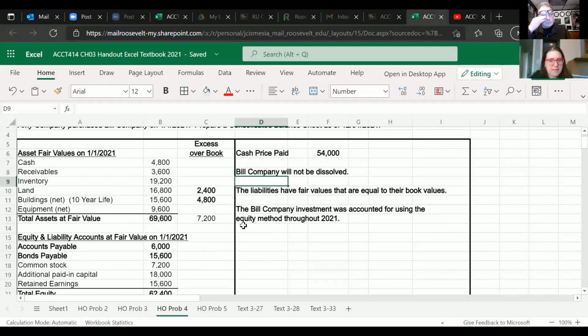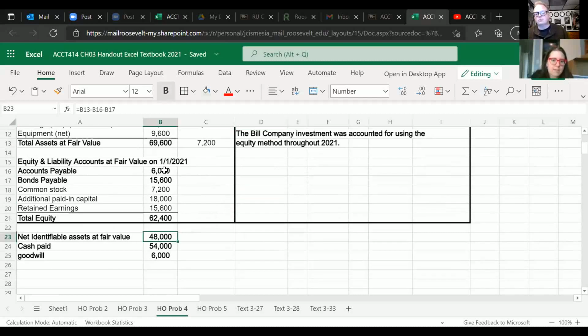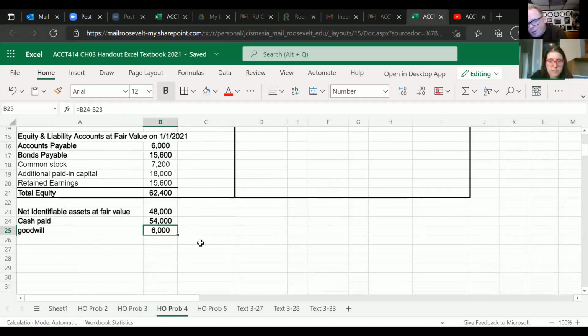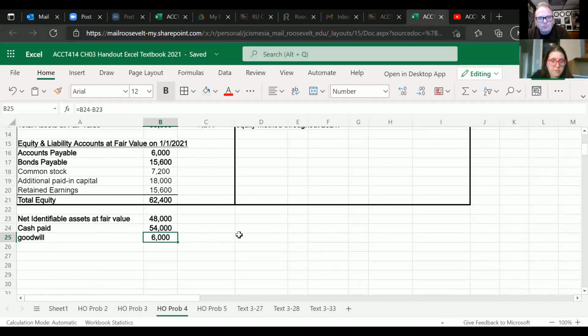Okay, so buying the Bill company, we've got 7,200 excess over book. Net identifiable assets is 69,600 minus 6,000 minus 15,600 equals 48,000. Yep. The cash paid was 54,000. So goodwill equals 6,000, 54,000 minus 48,000.